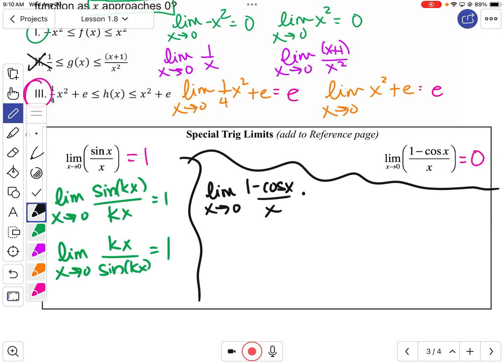What would be the conjugate of 1 minus cosine x? What do you think is the conjugate of 1 minus cosine x? Yep, 1 plus cosine x.